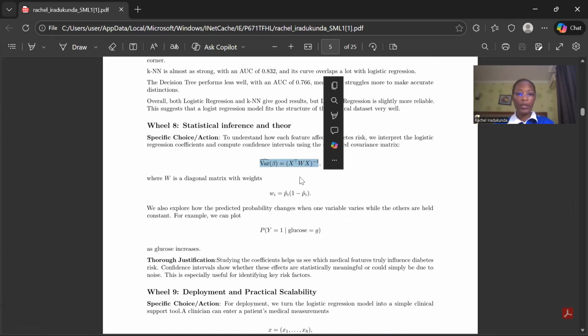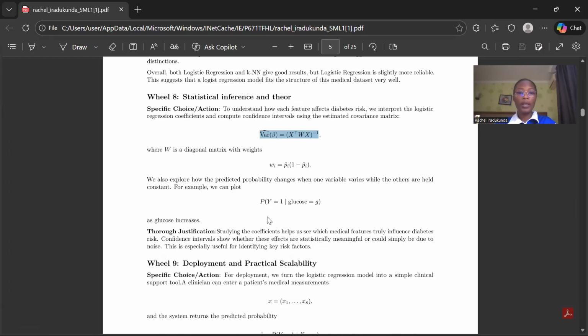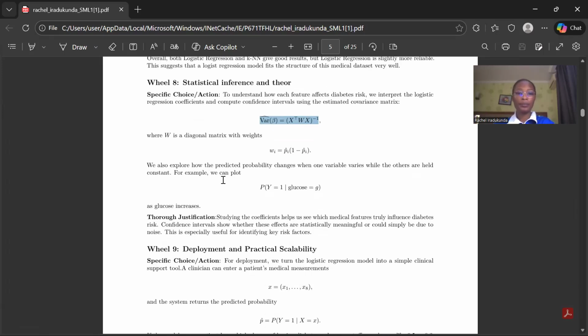This W is a diagonal matrix with the weights. Among all the variables, these are the features which can cause diabetes. That's why I used an example that we can plot, because as the glucose increases, the probability of getting diabetes also increases.